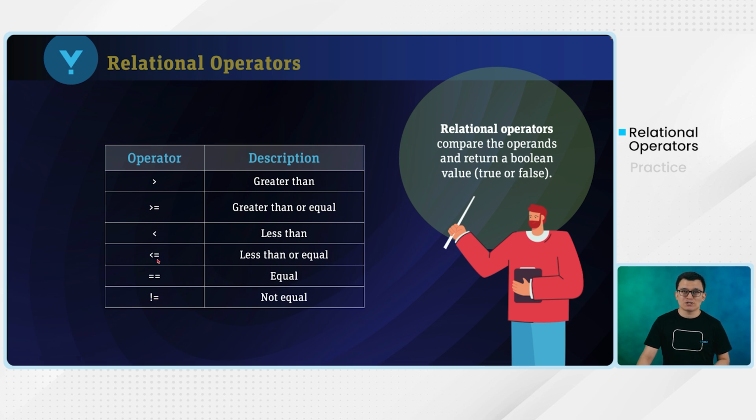Out of those 6 relational operators, the first 4 of them can be used with the numerical data types. Okay, they can be used to compare the numbers. And the last 2 can also be used to compare the numbers, and they can also be used for comparing the objects of Java, which you will learn in the near future when it comes to the objects.